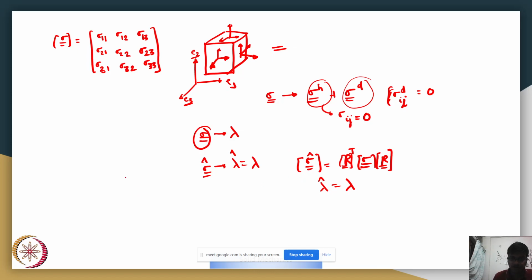Once this is clear, if we write it in the coordinate system corresponding to the principal planes, you will end up with something like this.